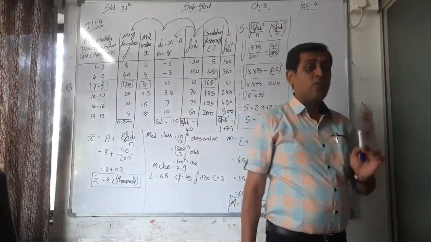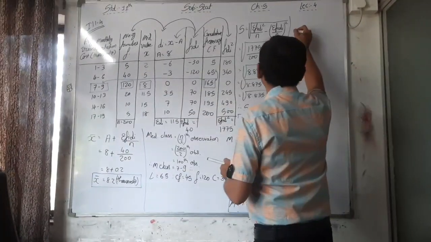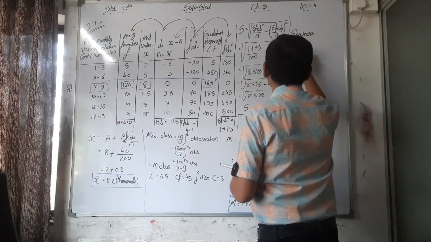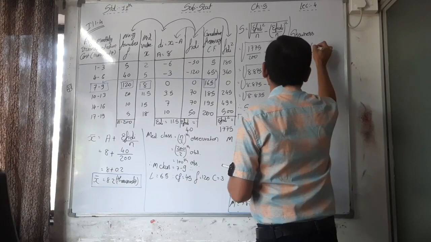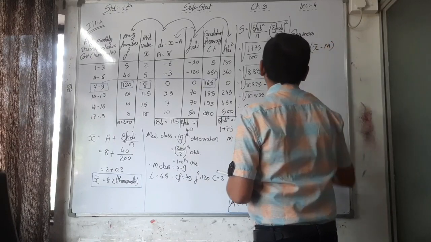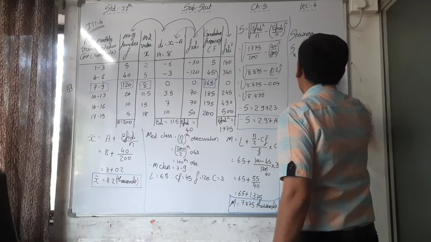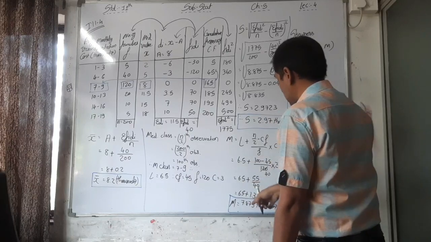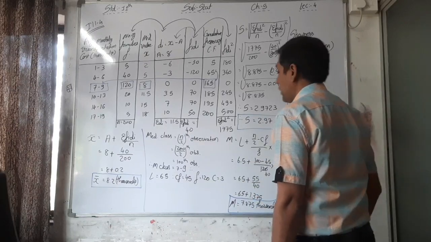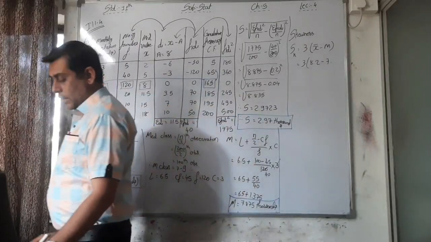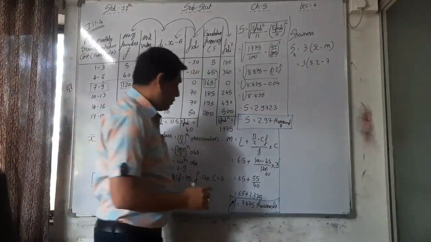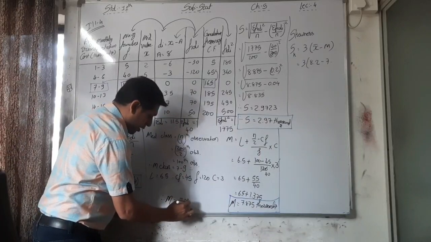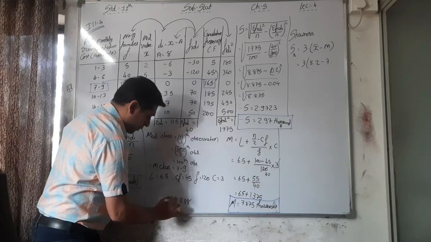That's why the formula for skewness is Sk equal to 3 into bracket x bar minus median M. That is 3 into bracket x bar, which is 8.2, minus median, which is 7.875, or you can use 7.88. Median, I am writing here, is 7.88 approximately.